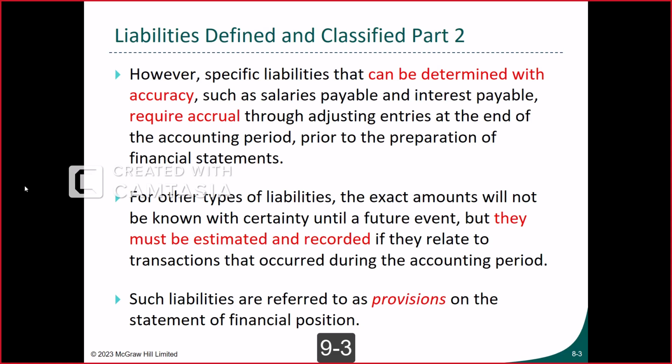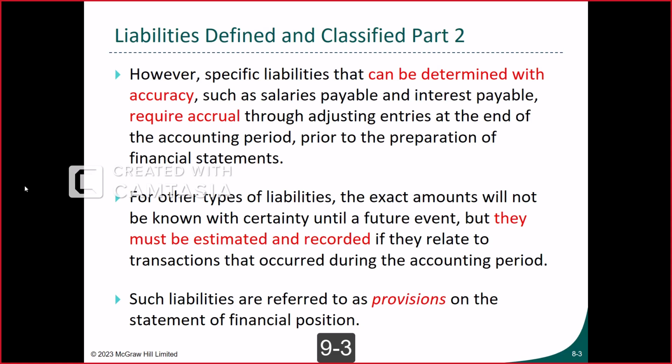There are also liabilities that must be estimated, because there's no way we can determine the exact amount with accuracy. We cannot determine exactly the amount, so we have to make accruals.